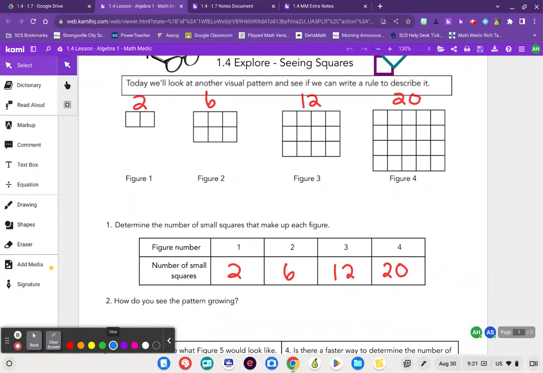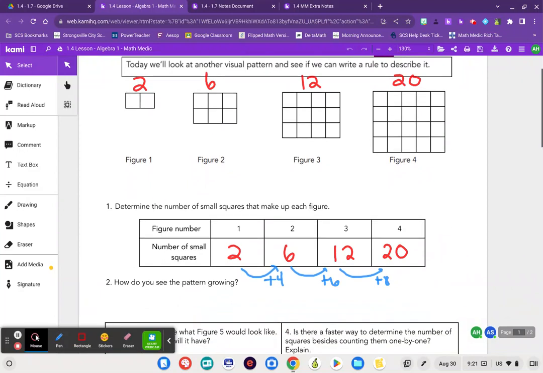One way to see the way the pattern grows is to say, hey, what's happening from one picture to the next? And it looks like from the first figure to the second, I added 4. And then it looks like I added 6. And then it looks like I added 8. And so I could write this, and we have to be careful how we write it. I'm not going up by 2.